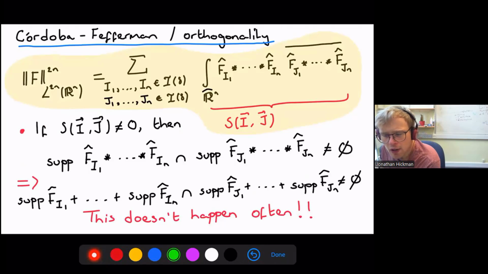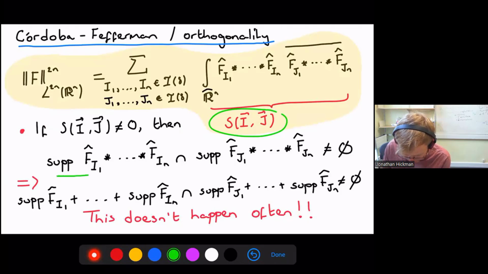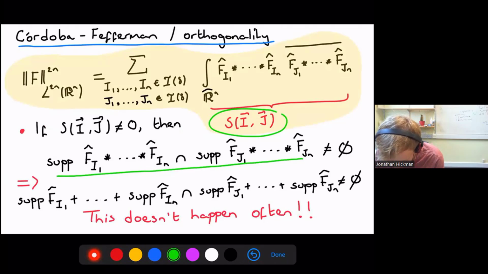I'm carrying over this highlighted expression, which is just the conclusion of the last slide. Now I'm going to home in on one of the terms, call it S_IJ. This S_IJ will contribute to the sum only if the supports of the two functions in the product intersect.